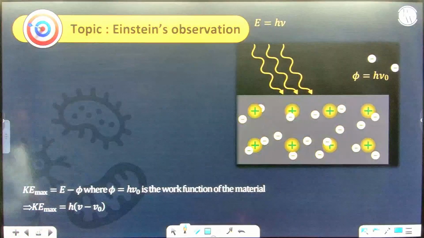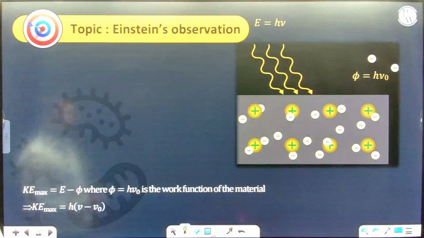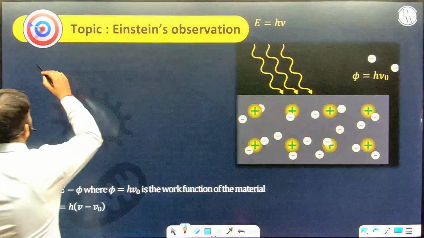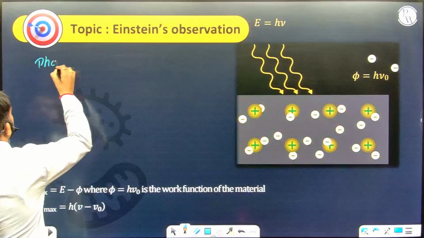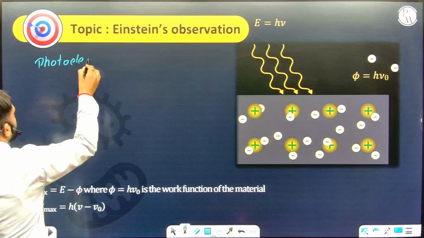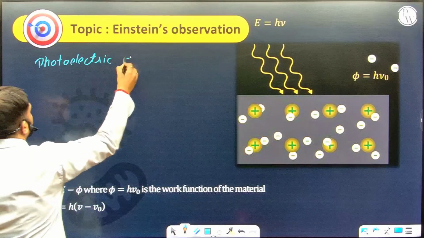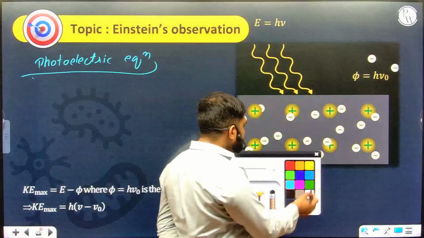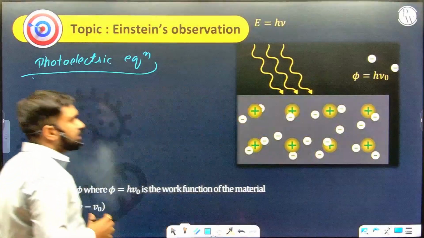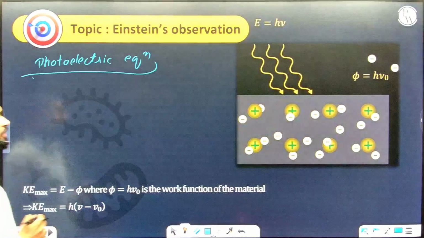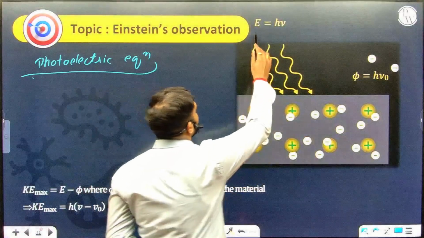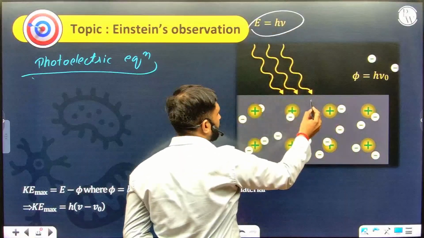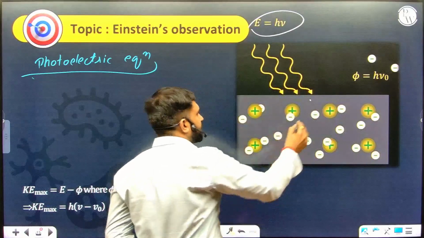Now, Einstein's photoelectric equation. Let's write it here. When there is this metal surface and photons carrying this much energy strike on the metal surface, electrons are emitted.